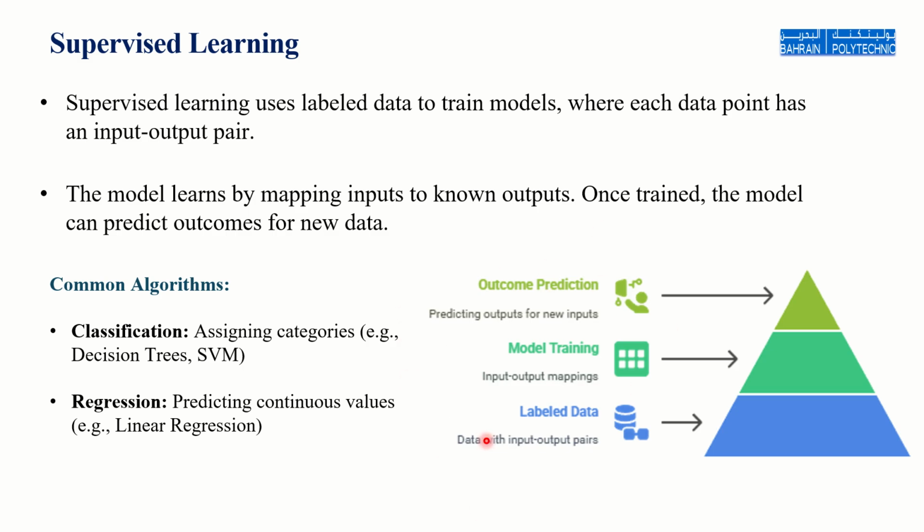As you already know, a supervised learning algorithm uses labeled data. Why? It uses that data to train the models, and each data point has an input-output pair. Because for training we provide both the inputs and the outputs to the algorithm that we are going to train.